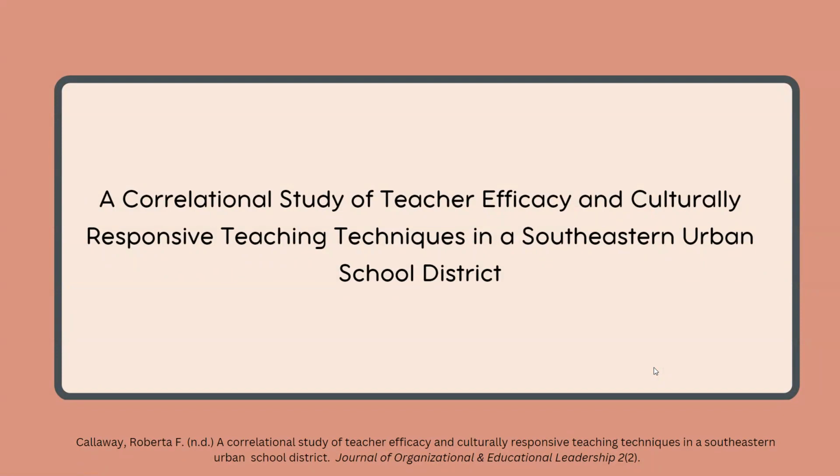The Teacher Sense of Efficacy Scale was used to determine the dimensions of efficacy: instructional strategy, student engagement, and classroom management. Using SPSS, the authors used correlational analysis to determine the strength and direction of relationship between these things. Statistically significant relationships were uncovered between teacher efficacy, culturally responsive teaching, student engagement, instructional strategies, and classroom management.